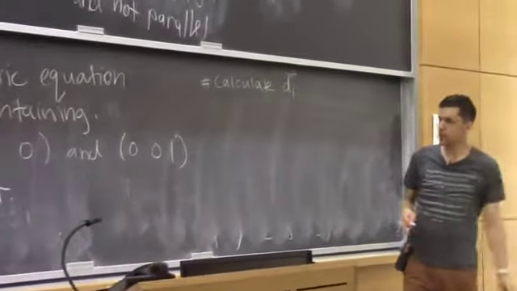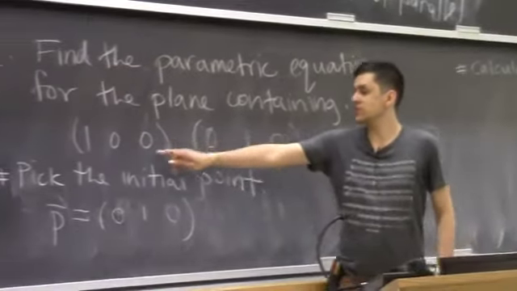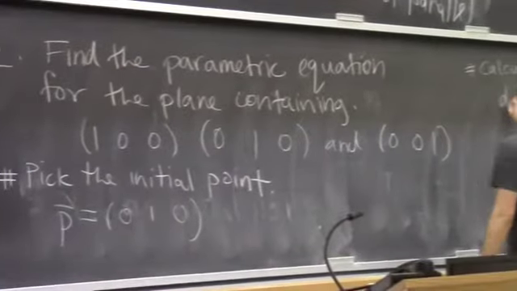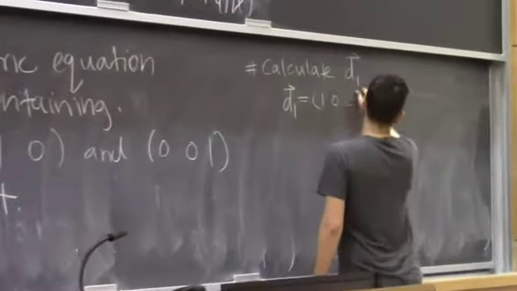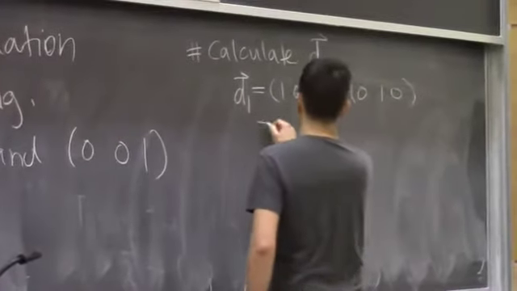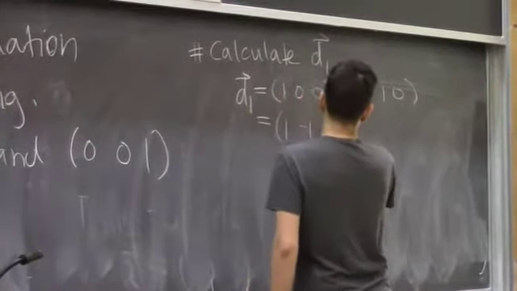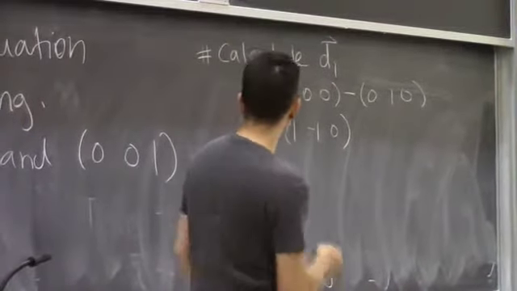OK, so we've got our initial point. One of the direction vectors will be from our initial point to here. OK, so I do that subtraction.